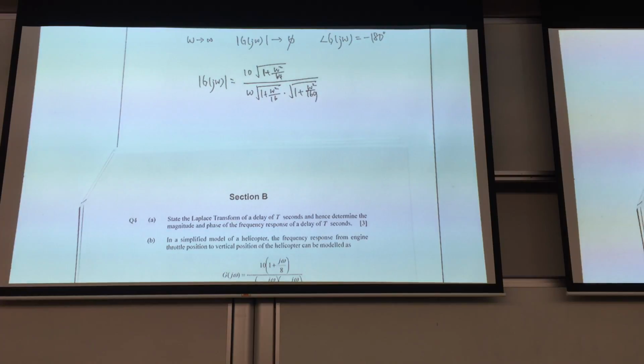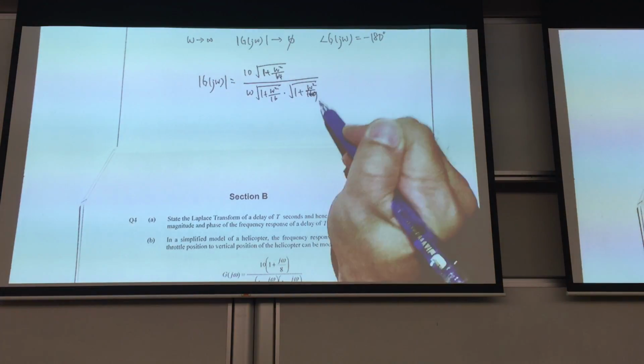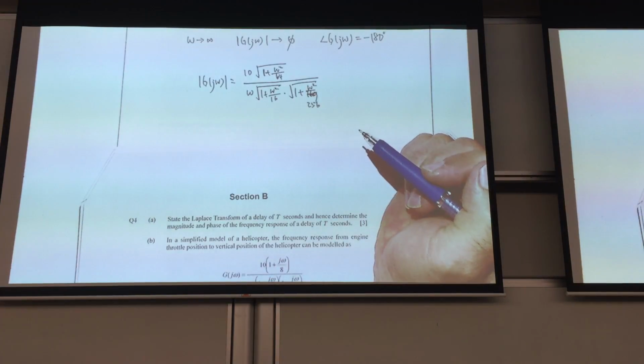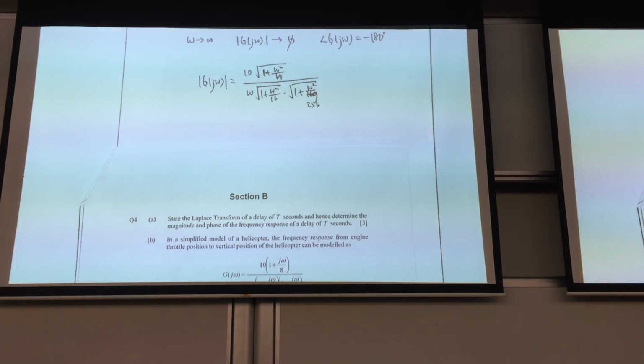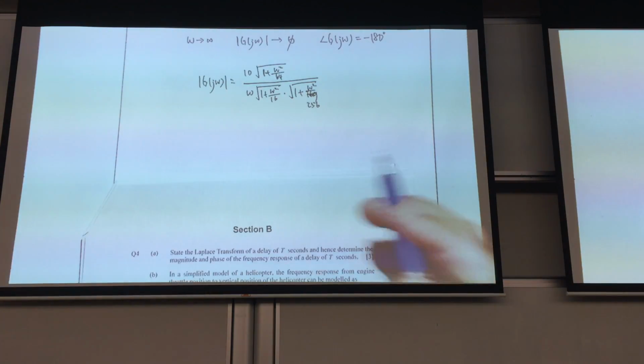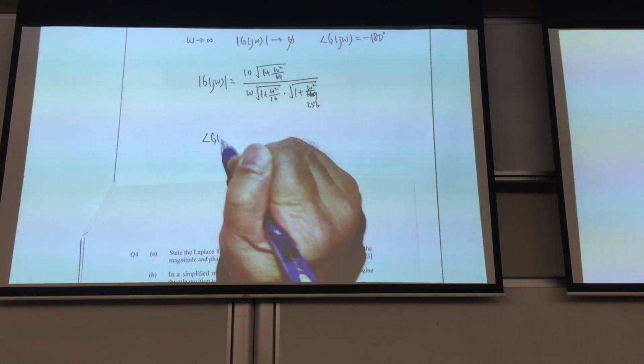What is that? 256. Yeah, 256, because 16 is a 4-bit, so 8-bit is 256. Okay, so this is the magnitude.